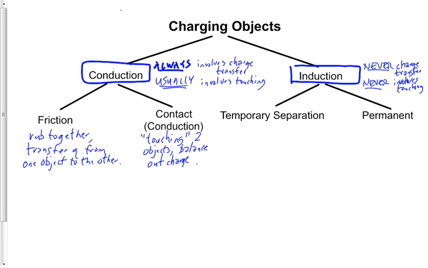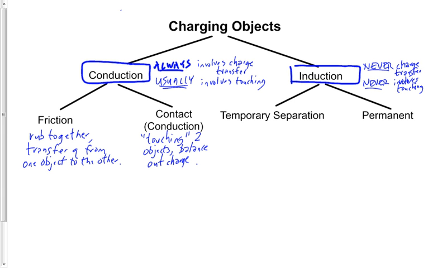We transfer charge from me to Dallin, and it transferred not because my hand rubbed against his head or his hair or whatever. It transferred because my hand got close enough to his head to be basically touching, for the electrons to jump, to arc from my hand to his head. That's also charging by contact or by conduction, even though it doesn't actually involve contact.